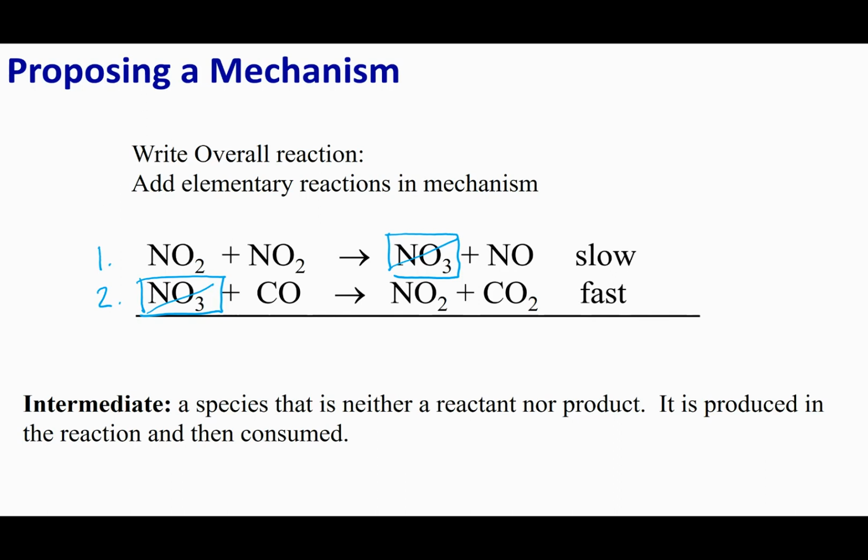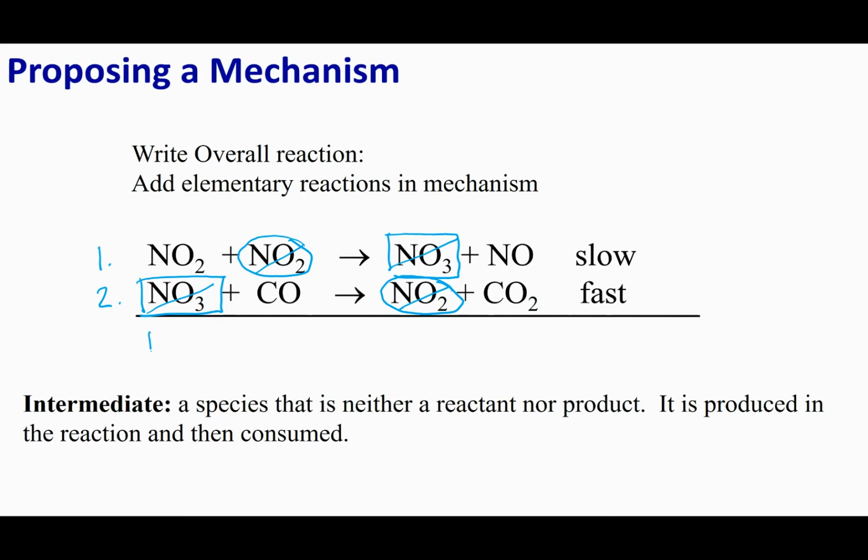What you'll also notice is that this compound right here, NO2, is first consumed and then it is regenerated. This NO2 is not an intermediate because it was present at the start of the reaction, so it is a reactant, but you can see it appears on both sides of the equation, so I'm going to go ahead and cross it out.